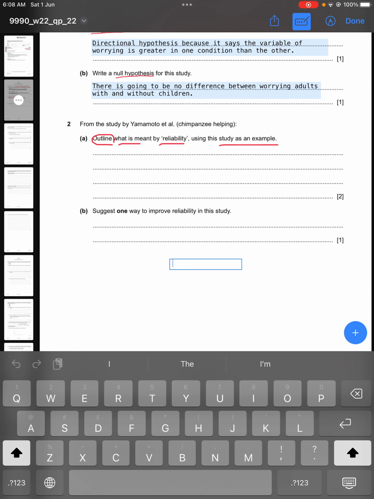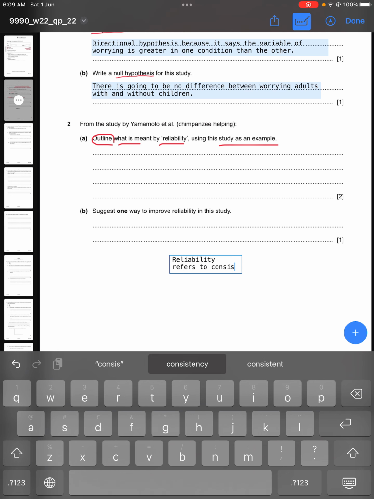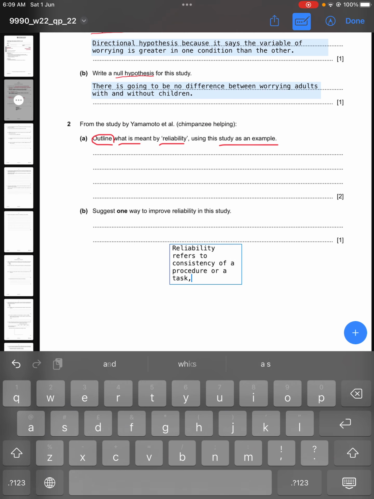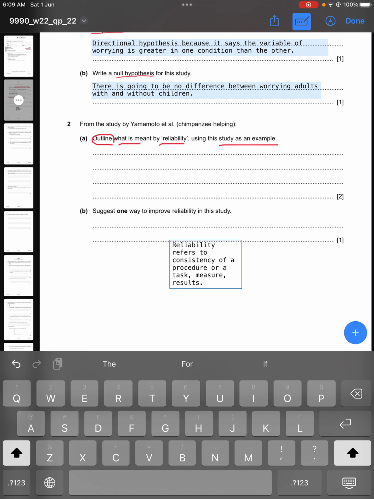So reliability refers to consistency of a procedure or a task, or it can also be a measure or results.